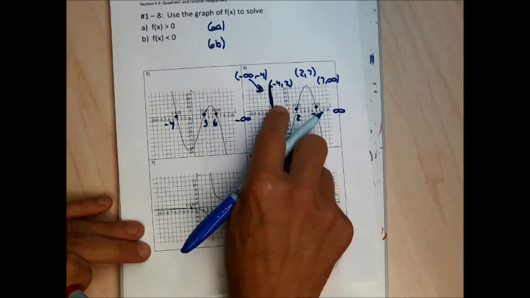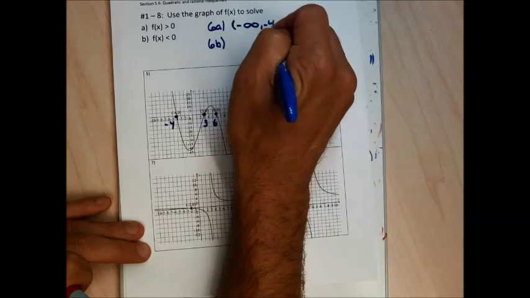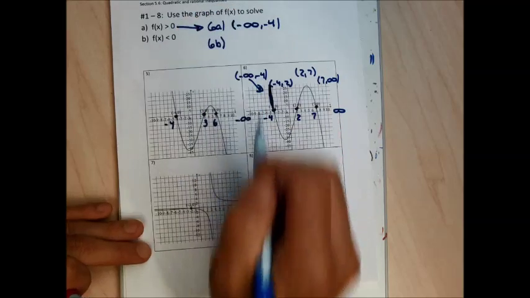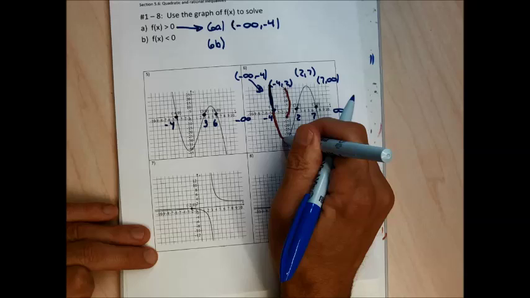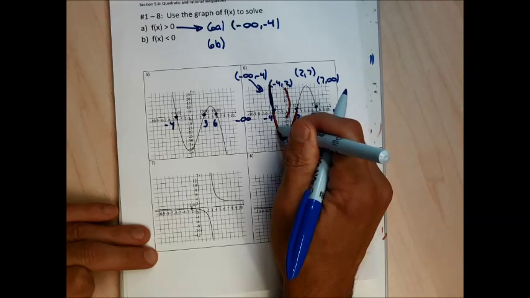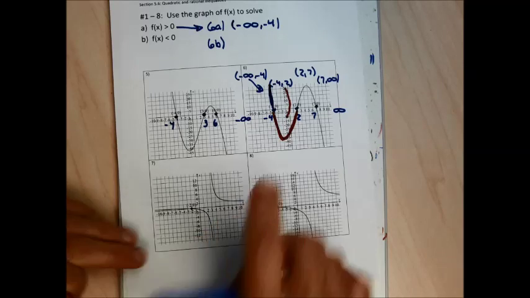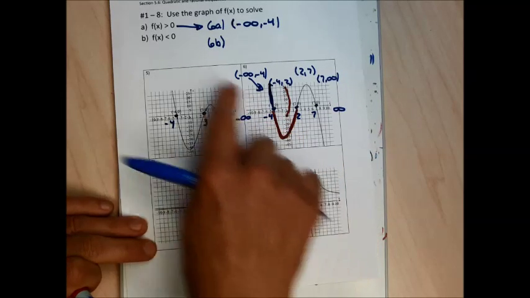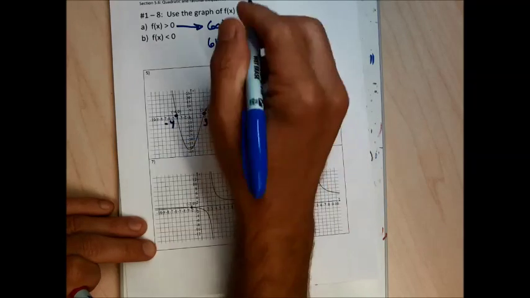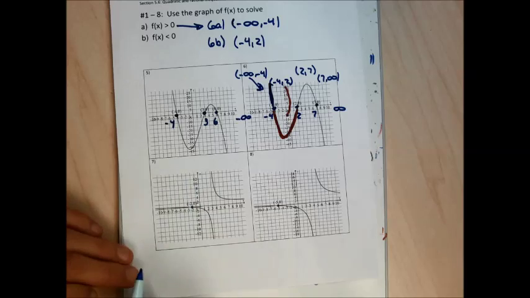The graph is above the x-axis, so that interval from negative infinity to negative 4 belongs in part A. The next portion of the graph corresponds to the interval from negative 4 to positive 2. In that region, the y's are negative. The graph is beneath the x-axis, so the f of x is less than 0. This is going to go in the interval from negative 4 to 2.